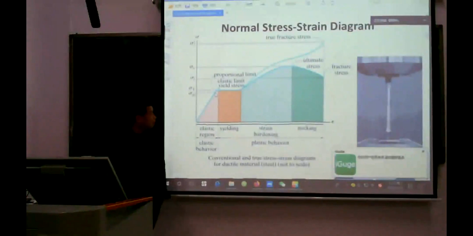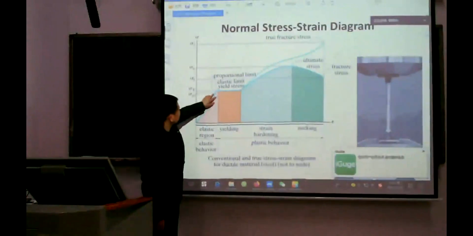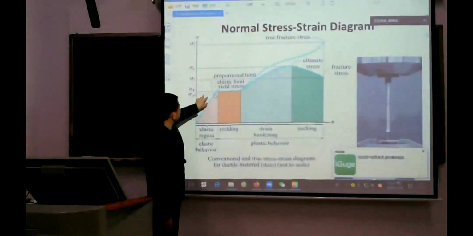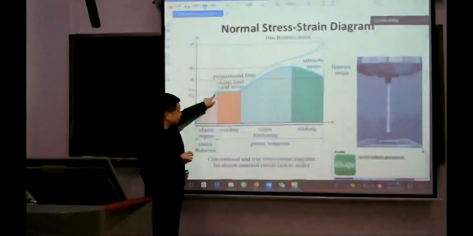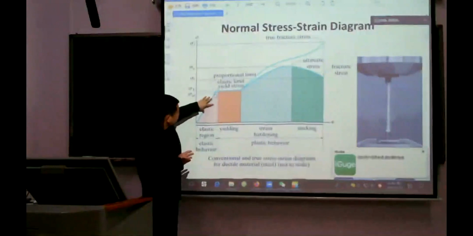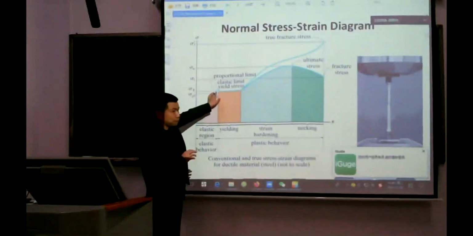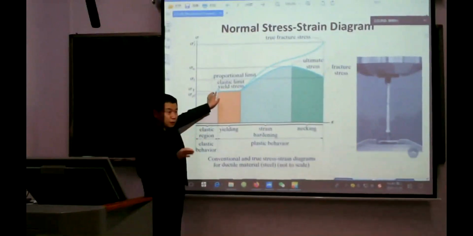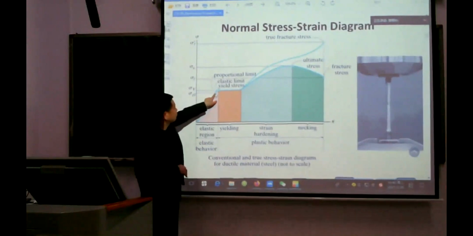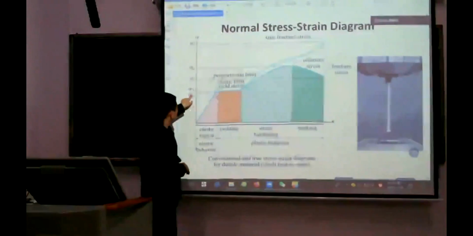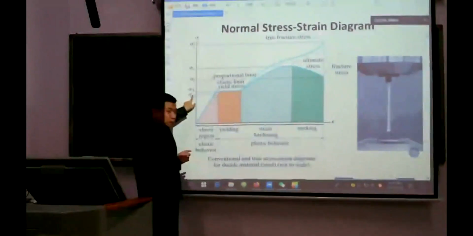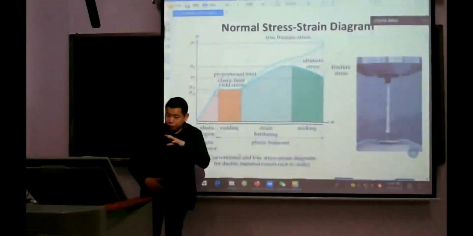After the stress passes a special point, the straight line becomes a curve. We call this stress the proportional limit.